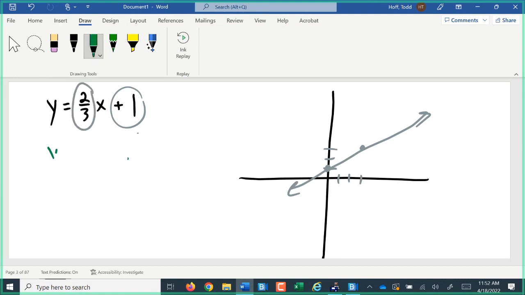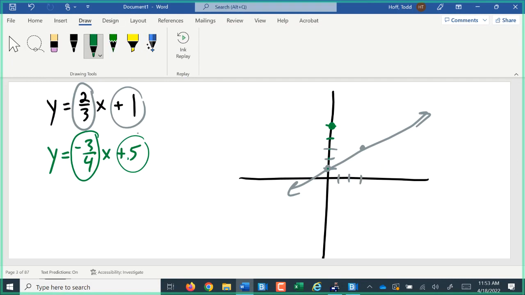We might have y equals negative 3/4 x plus 5. So again, the 5 here is telling us we go up 1, 2, 3, 4, 5 from the origin. That's our starting point. That's our y-intercept, where we cross the y-axis. Now we have a slope here of negative 3/4.